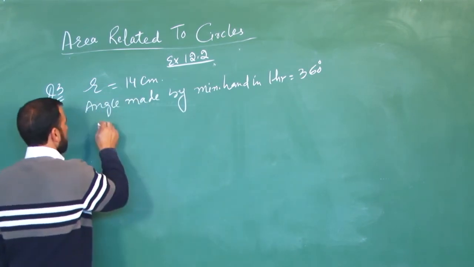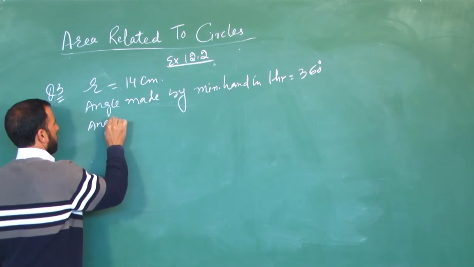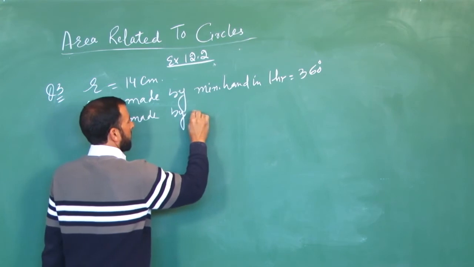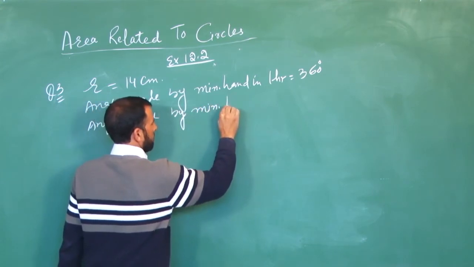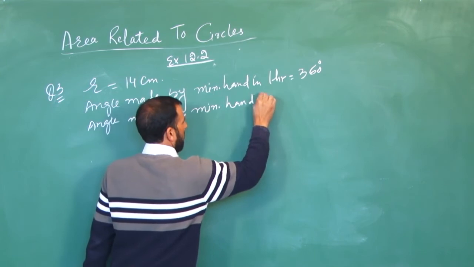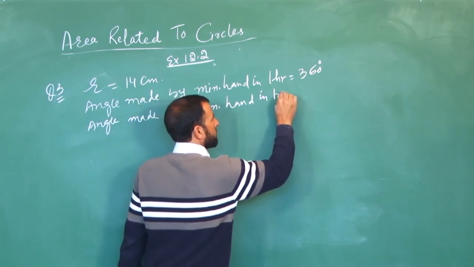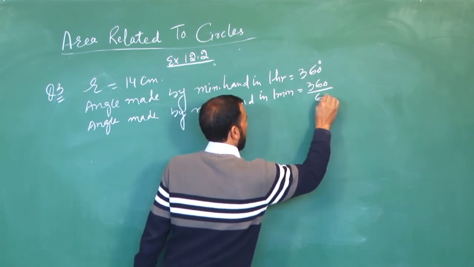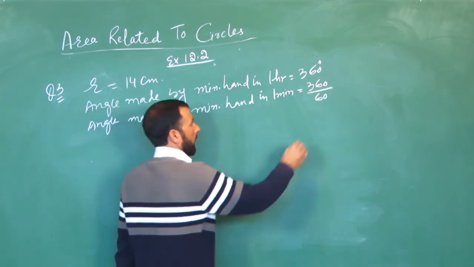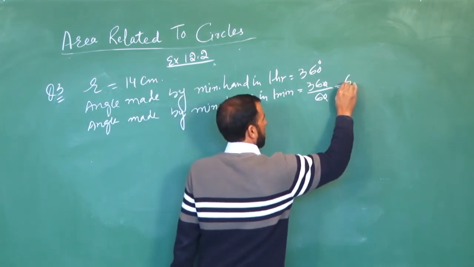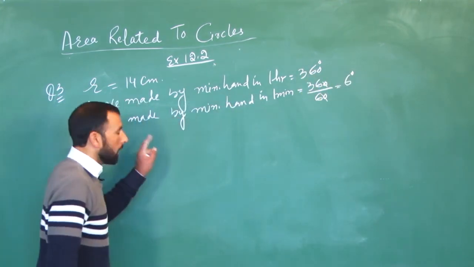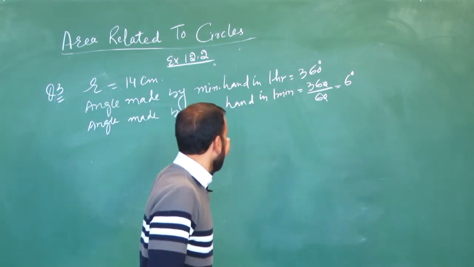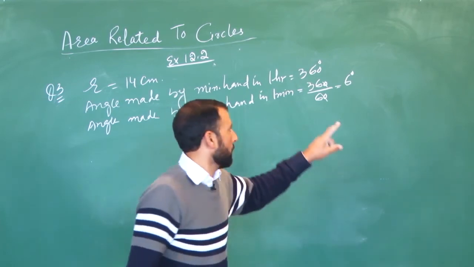Now the angle made by the minute hand not in 1 hour but in 1 minute is equal to 360 divided by 60. So when you calculate, 0 and 0 cancel, that is 6 degrees. So the angle made by the minute hand in 1 hour is 360 degrees, and the angle made by the minute hand in 1 minute is equal to 6 degrees.